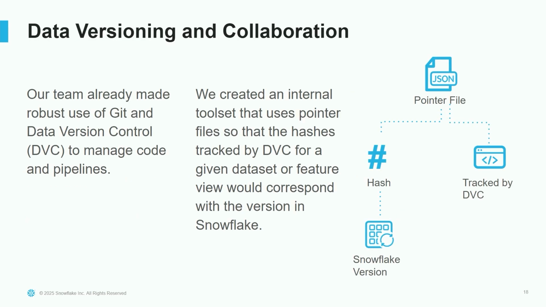All right, we looked at Snowflake ML before, and it's really changed a lot in the last year or two, and there's been a lot of cool new features that we were excited to dig into. But one of the things that prohibited us from getting into it before was, like I said before, we have a really robust use of Git and data version control, which is an open source package for data science pipelines. I really enjoy using it. It's really helpful for versioning your data the way that you version your code.